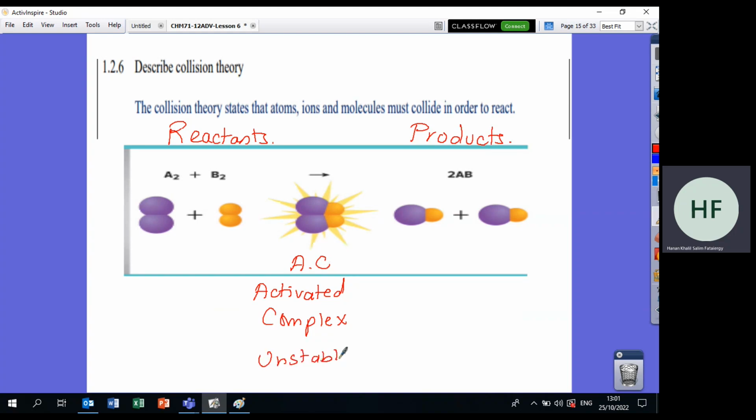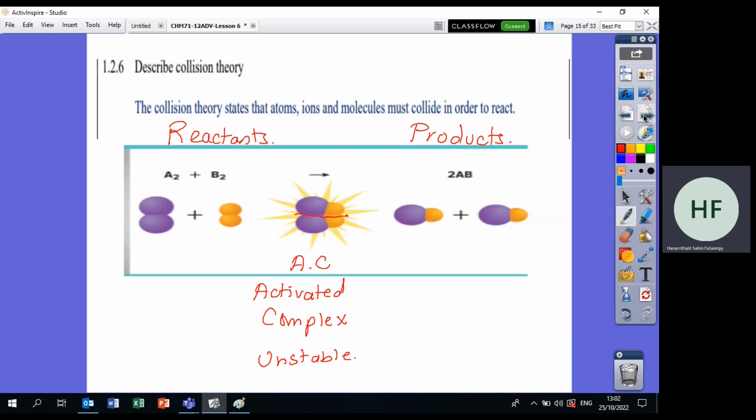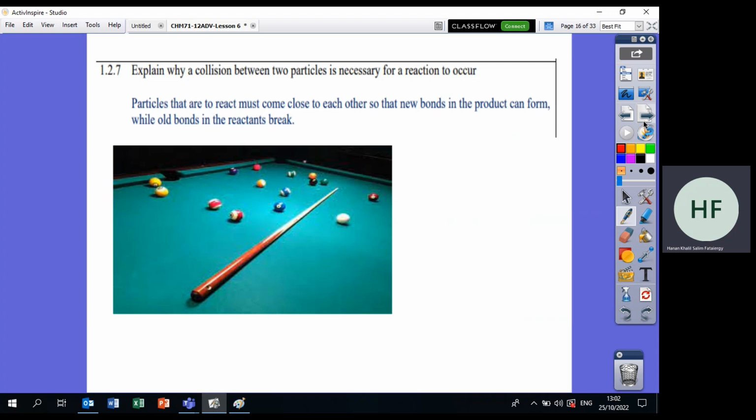It is unstable. Why? Number one, because it's full of energy and it needs to break to make the product. So it will use the energy to break from here and give you these products. So activated complex is unstable. It is formed between reactants and products, and it breaks down to form the products because it's full of energy and the energy should be used somewhere.